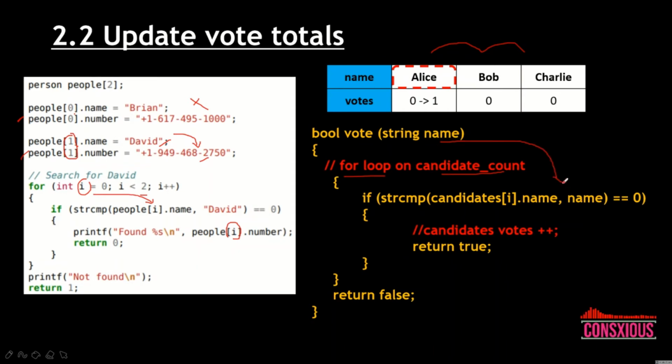We don't need to do it like this string here; we just put name here, equals 0. Once we find, for example, we put in Alice, we found Alice is what we want. So we just add the Alice vote count from 0 to 1 and so on. Something like candidate votes plus plus, then return true, else return false.